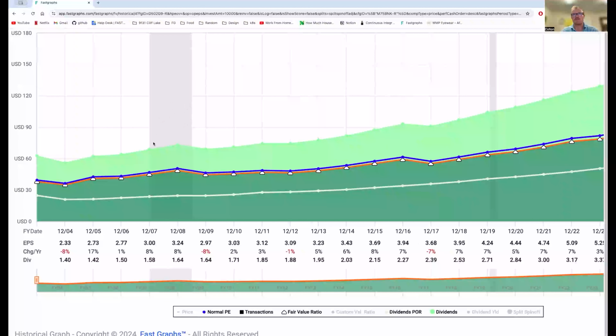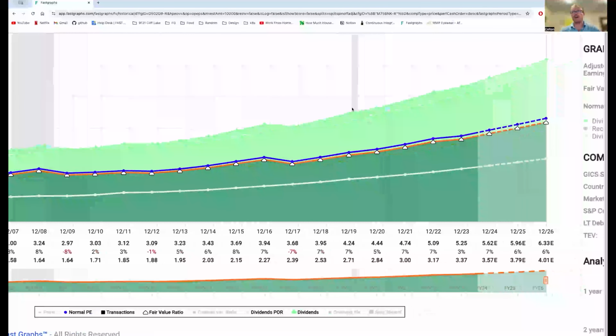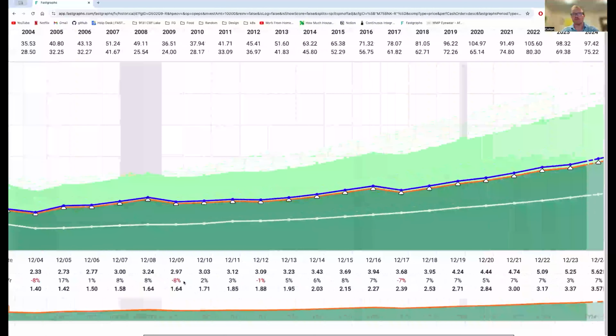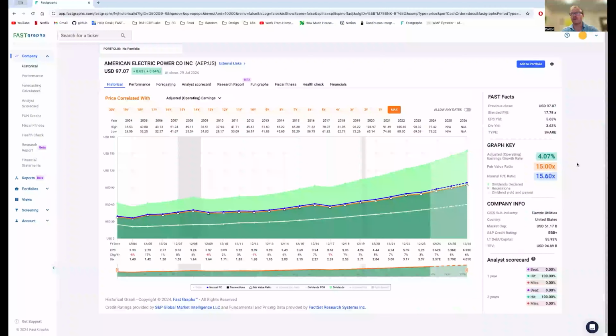So this is the 2008 recession, the big housing recession that we had. And then this other gray shaded area represents the COVID recession. But as we can all see, this is a relatively stable but solid grower. This has only grown at 4.07% compared to that 13 to 16% that we saw with Elevance, that last company.